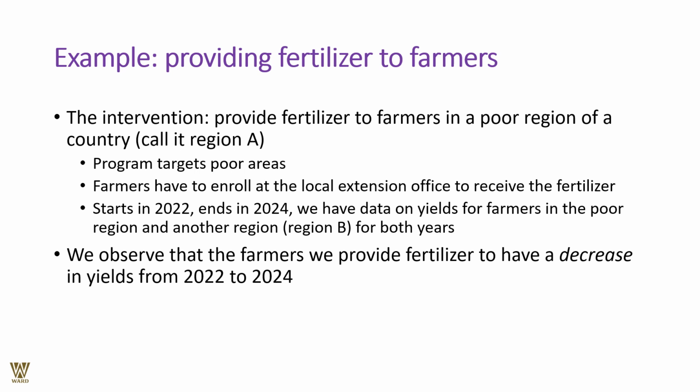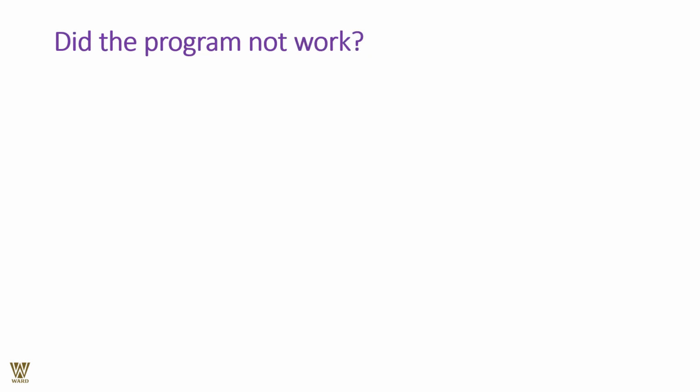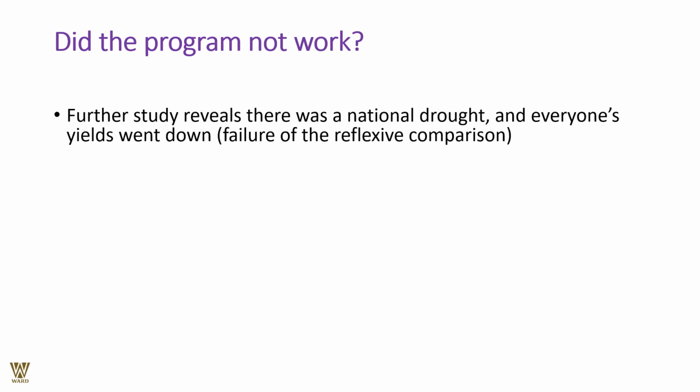We will observe that farmers who were provided fertilizers have a decrease in yield from 2022 to 2024. So there is a decrease in yield altogether as far as the agriculture output is concerned. So the question is, did this program work? Now, probably people might say, no, it did not work because there was a difference in the yield.